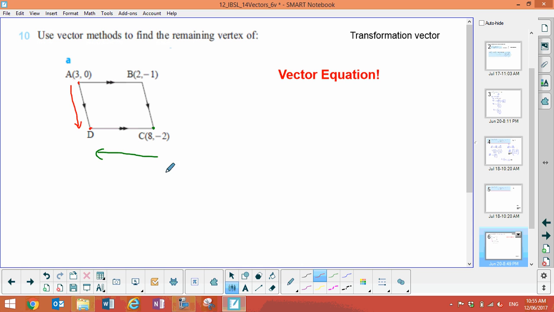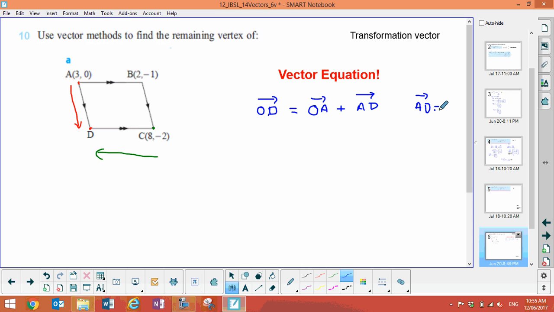If we go with, let's say we want to do the A, then going to D, then we want to write the vector equation we want to get the coordinates of D: OD will equal OA, start with A, and then add on AD. But we don't know AD, but we do know that AD is the same as BC.